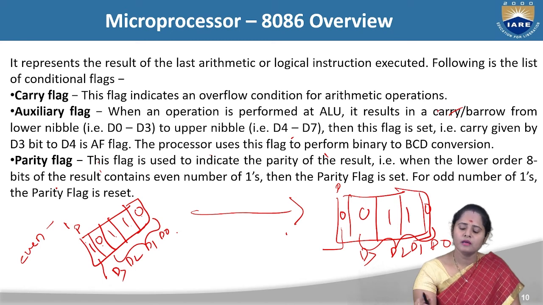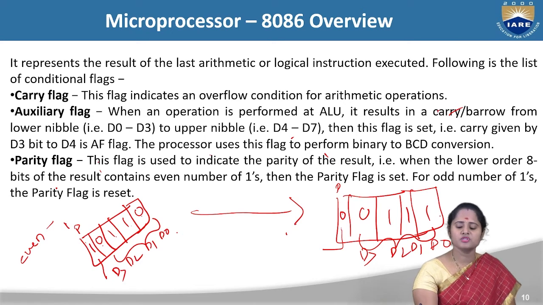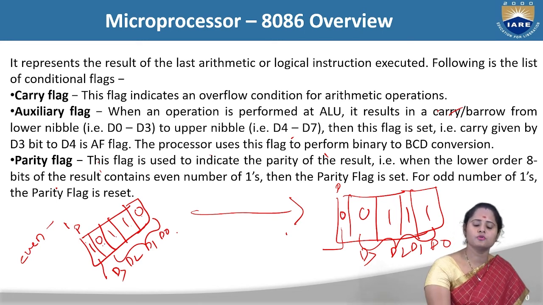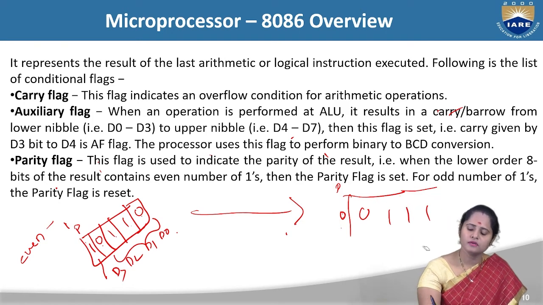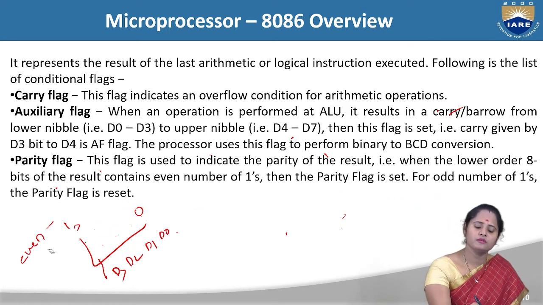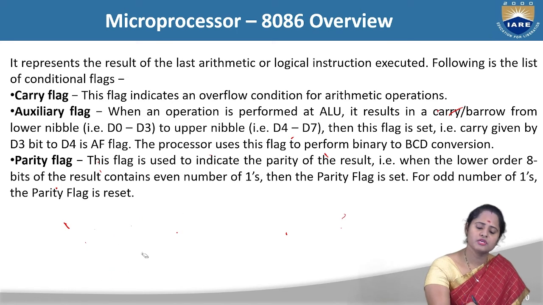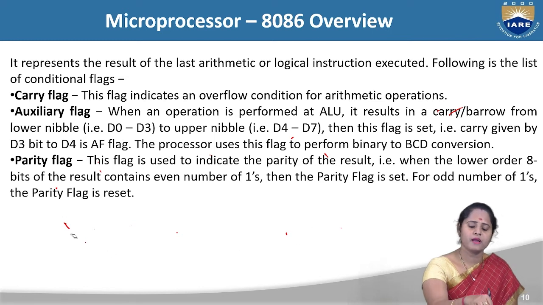Depending upon how many ones you have here, you generate the parity. But here, if D0 has been changed to 1, it means it's odd. So the actual data which I need to send is 0110, but what is happening here? D0 has been changed to 1. So whenever I'm sending data from one point to another point, the data may change, and that can be found out by using this parity bit.